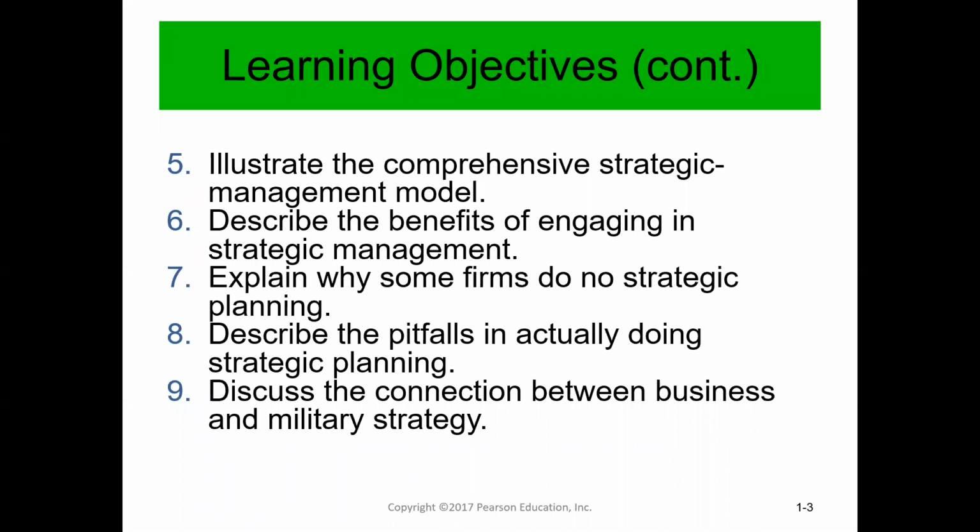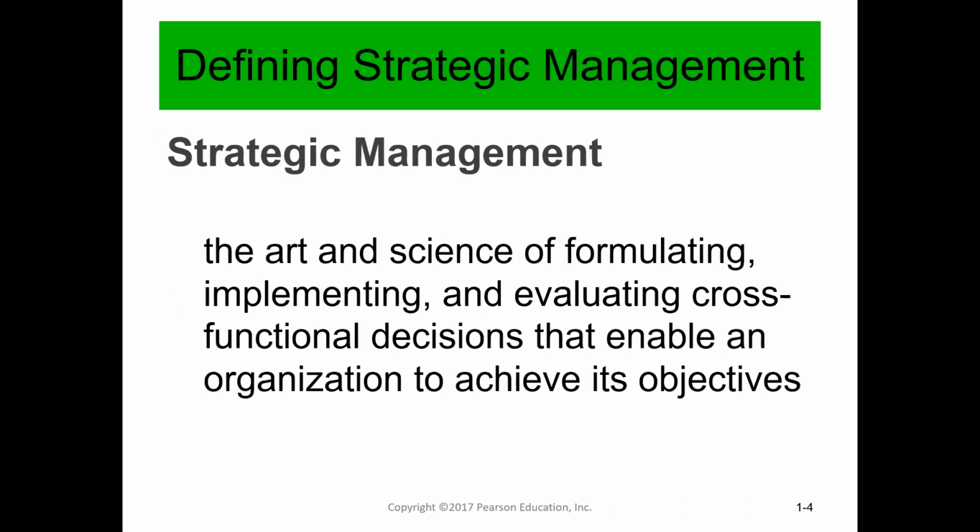Also, you have to illustrate the comprehensive strategic management model and describe the benefits of engaging in strategic management. You can also explain why some firms do not do strategic planning, describing the pitfalls in actually doing strategic planning, and discuss the connection between business and military strategy.